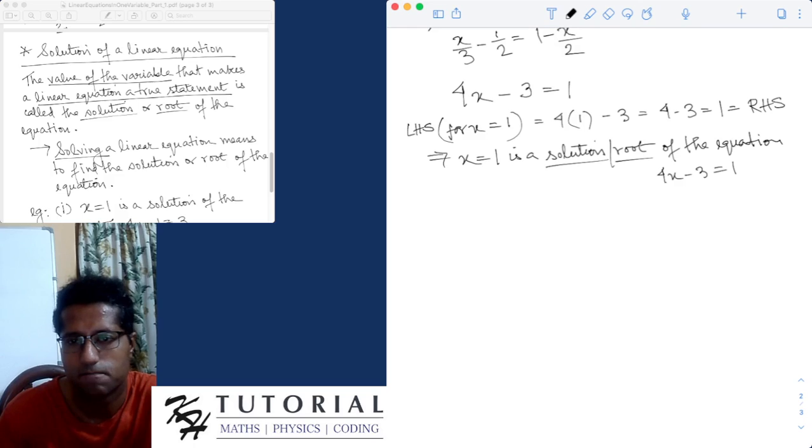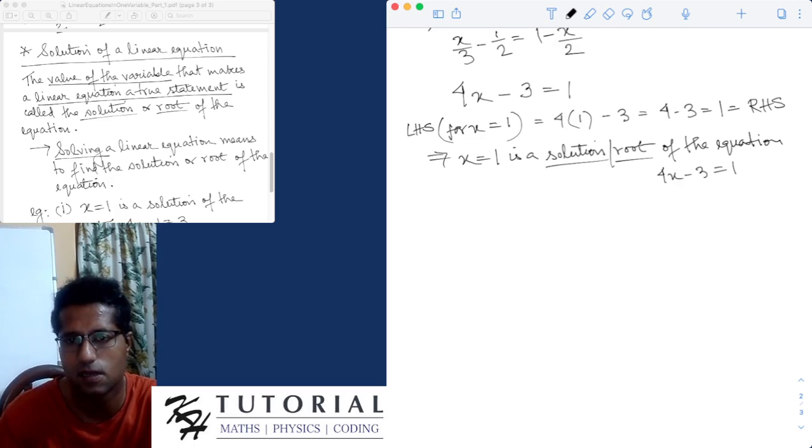This is what we mean by solution of a linear equation. The process of solution of a linear equation means finding what value of the variable in the equation satisfies the given equation. What is meant by satisfies the given equation?